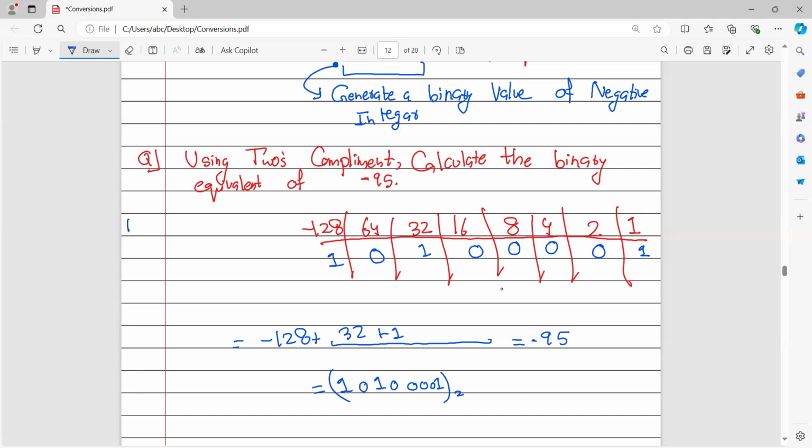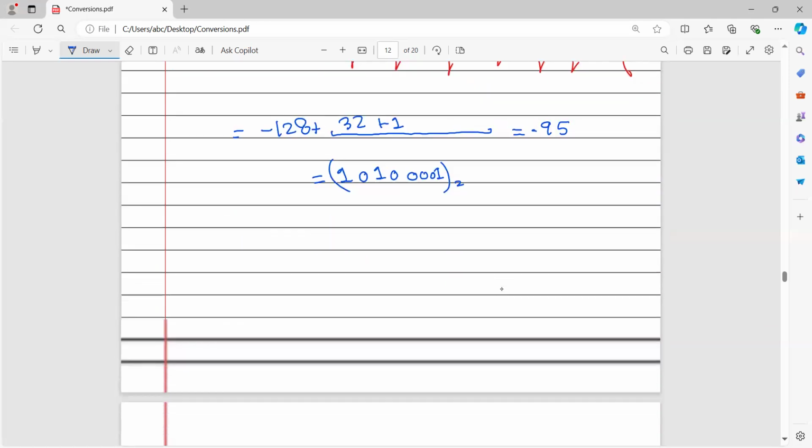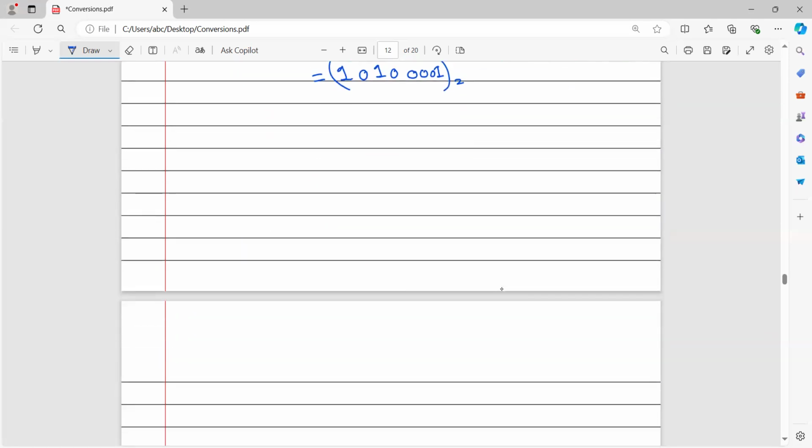This is your method 1. However, to solve this question, you have another method as well.